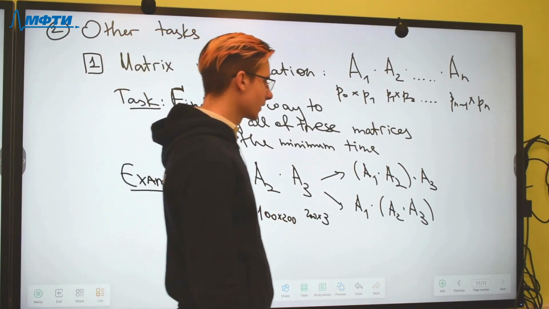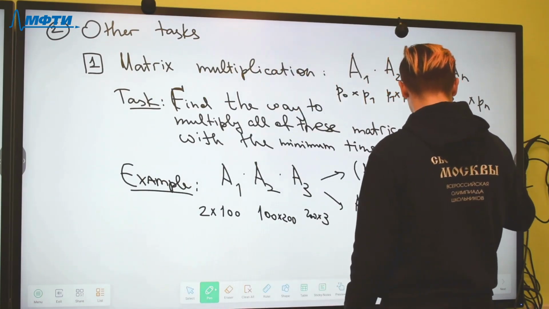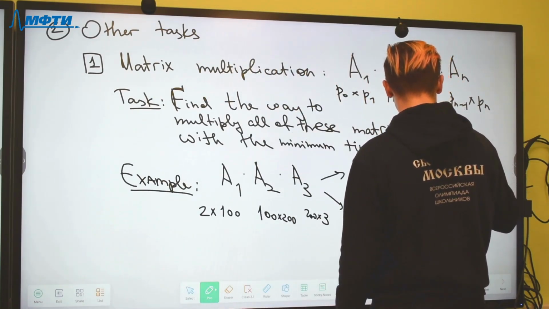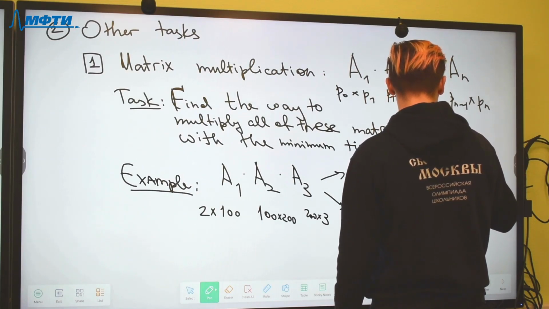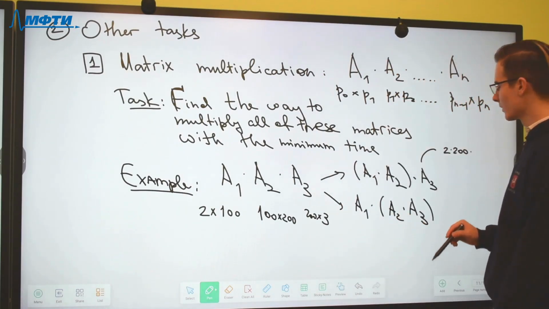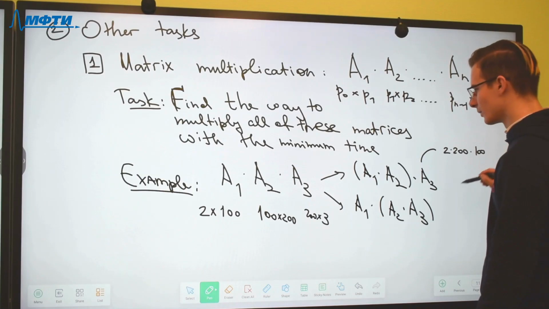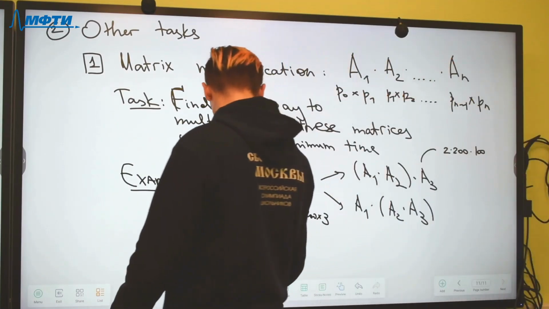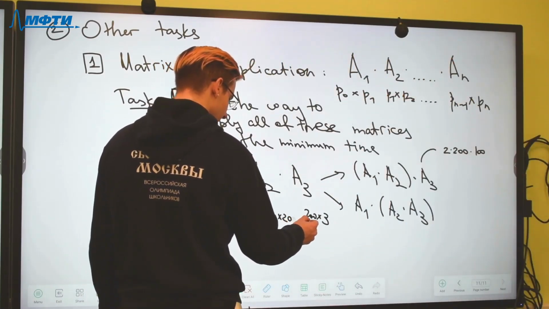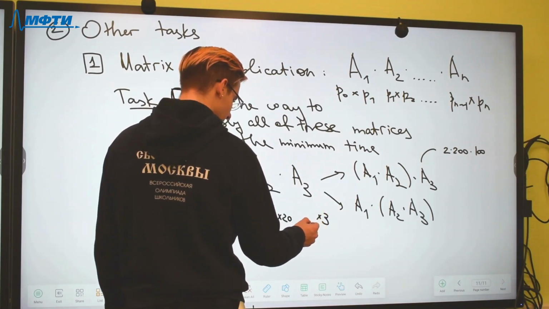Yeah, so here we spent 200 multiplied by 100.